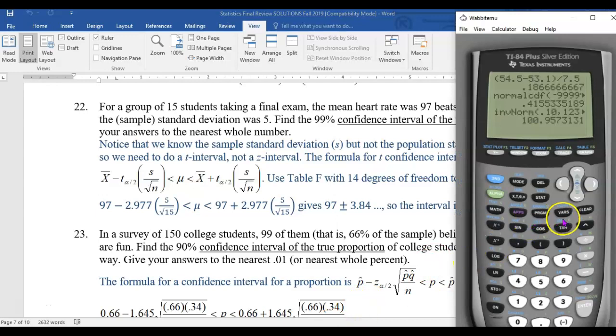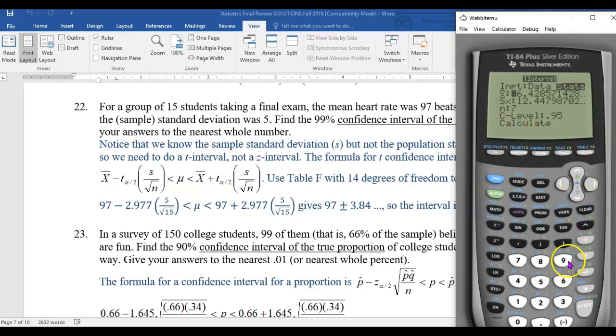It is also possible to do this using the t interval function of a graphing calculator. We have to put it on stats and put in the numbers for X bar and S and N and our confidence level.